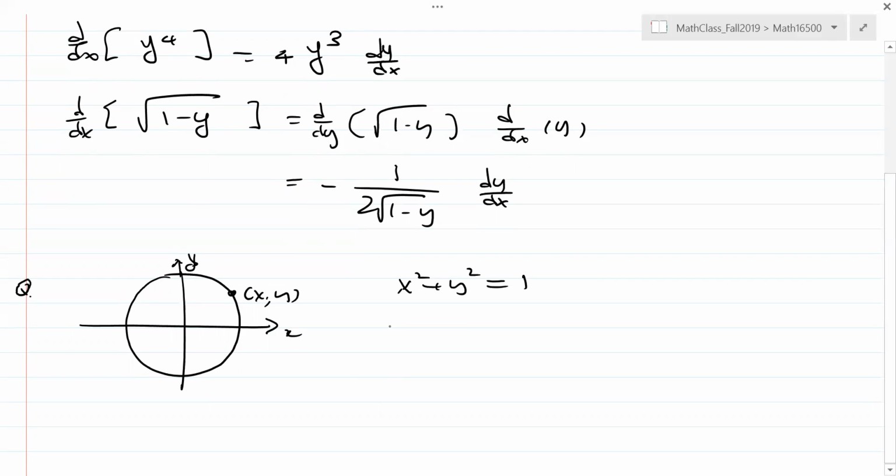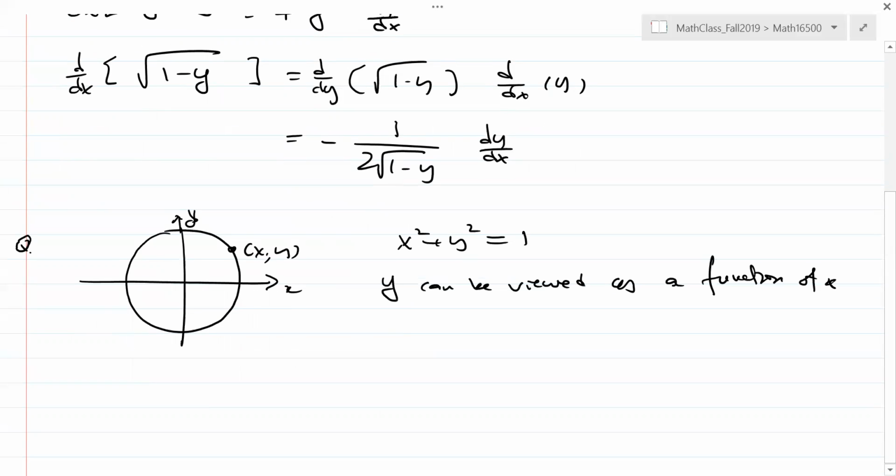Okay? So y can be viewed as a function of x. At least locally, right? And if it's a point on the upper semicircle, yeah. So if y is positive, then y actually can be expressed in this form.